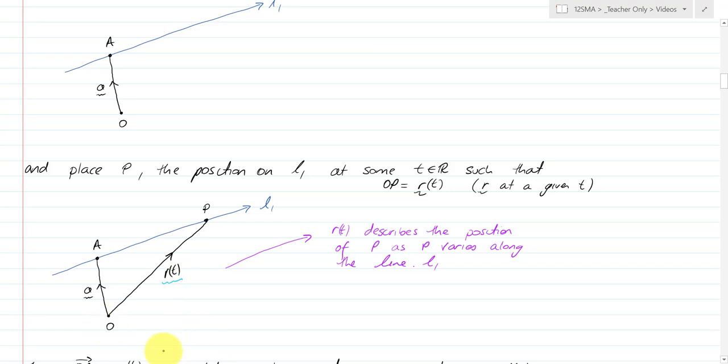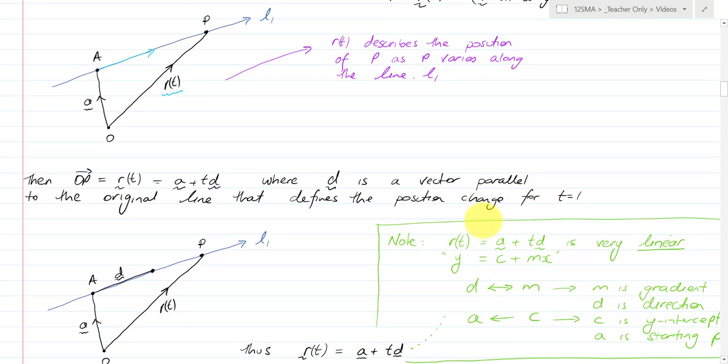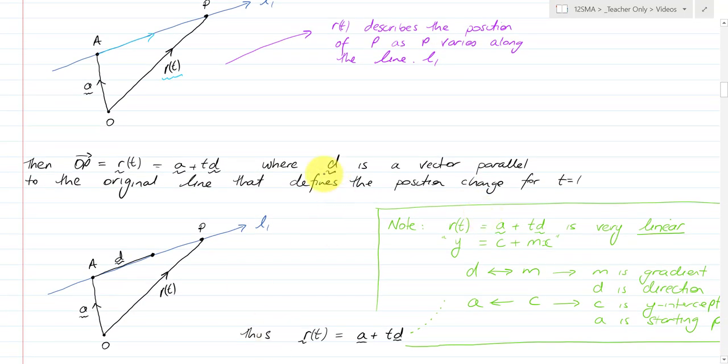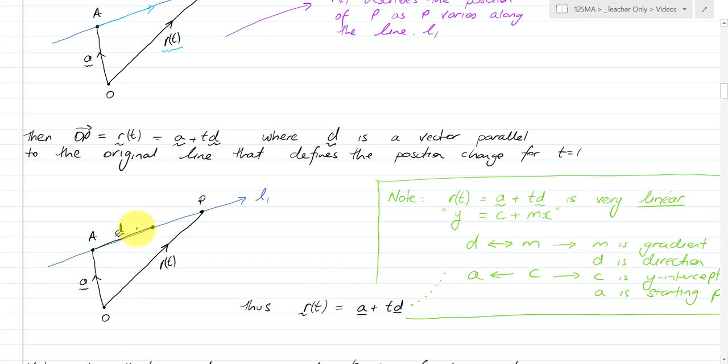Because we don't know RT, but we do know A, we consider, well, what else might be handy? And the other thing that might be handy here is a vector that is perpendicular to L1. So we're going to go out looking for that vector that's perpendicular to L1, and we're going to call that vector D. And so D is the vector that's parallel to the line, and D can be any length.